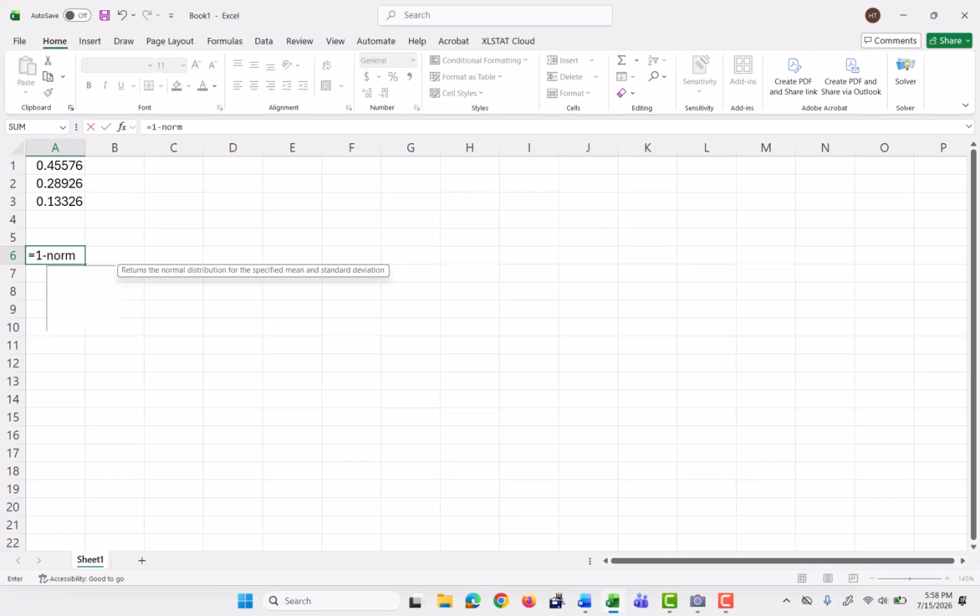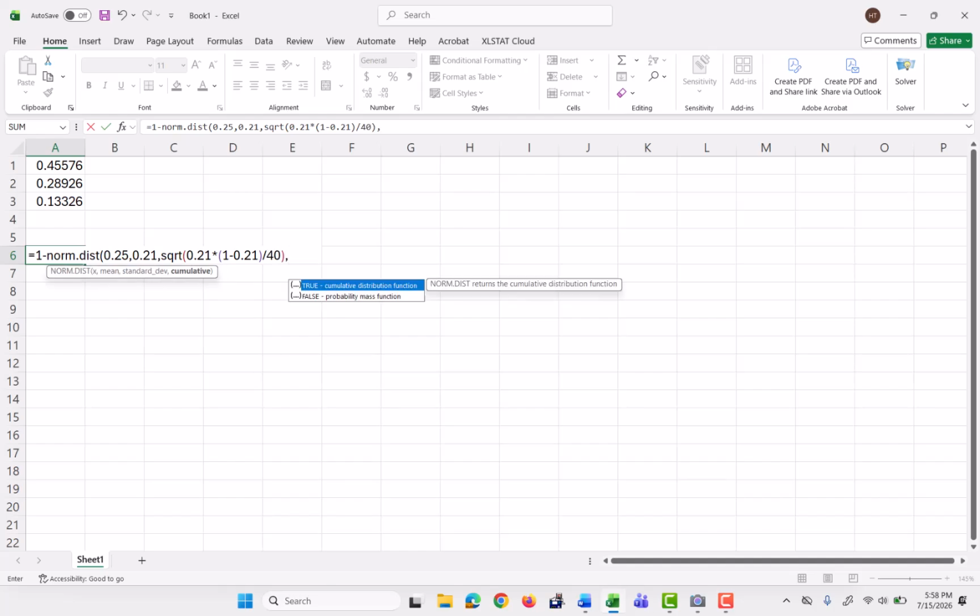Equals 1 minus norm.dist, 0.25 with a mean of 0.21. The standard deviation of the square root of 0.21 times parentheses 1 minus 0.21. Close that parentheses divided by 40 and close the square root.